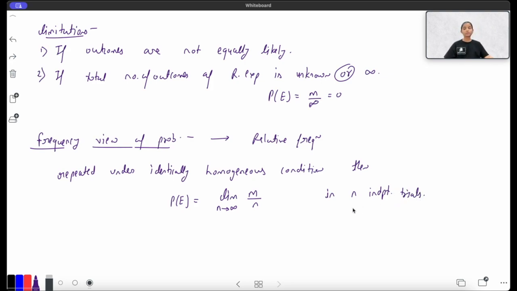So this is the frequency view of probability, where this m by n is the relative frequency here.